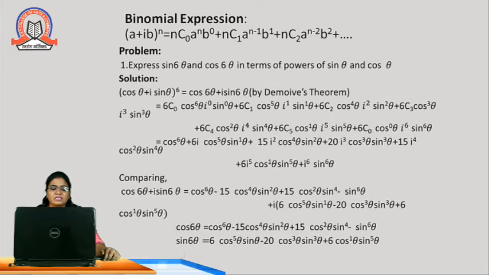So now comparing the real and imaginary parts on both sides, the values of cos 6θ and sin 6θ are given below. cos 6θ = cos^6 θ - 15 cos^4 θ sin^2 θ + 15 cos^2 θ sin^4 θ - sin^6 θ. sin 6θ = 6 cos^5 θ sin θ - 20 cos^3 θ sin^3 θ + 6 cos θ sin^5 θ.